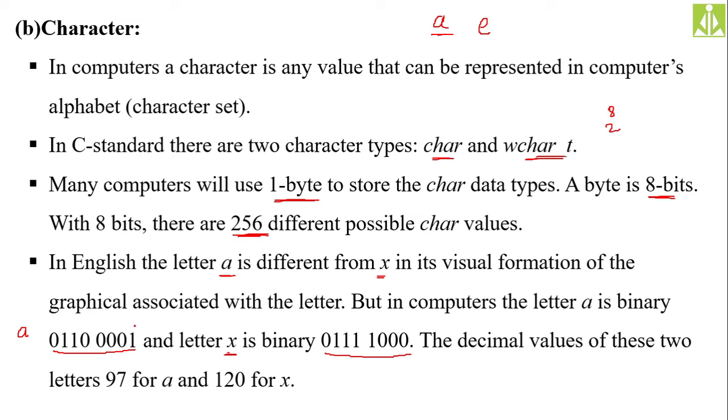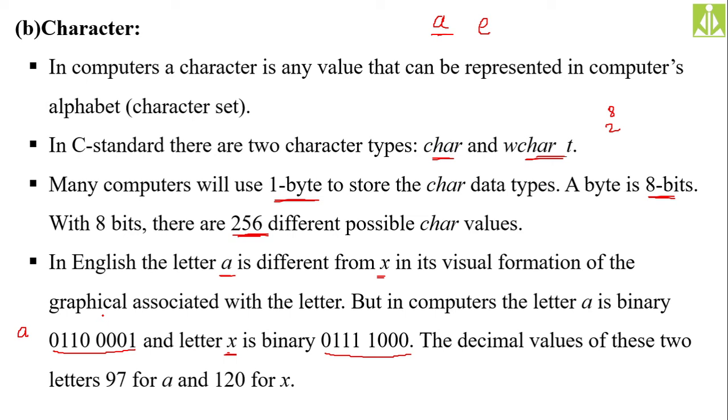So for every possible letter in the universe, you need an equivalent binary value. Hopefully you understood.